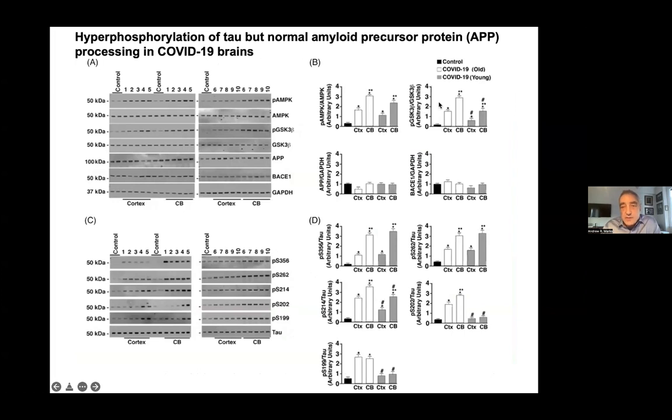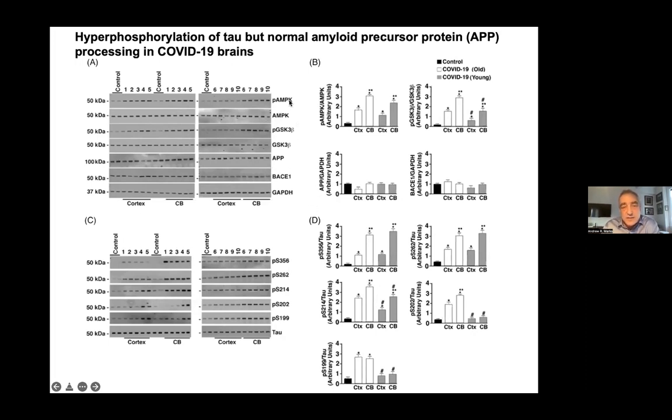In this experiment, we tried to look at old versus young patients, with the cutoff being 60. And you can see that in some cases, the tau phosphorylation was increased in cortex and cerebellum in both the quote unquote older and younger patients. And in other instances, it was only increased in the older patients.